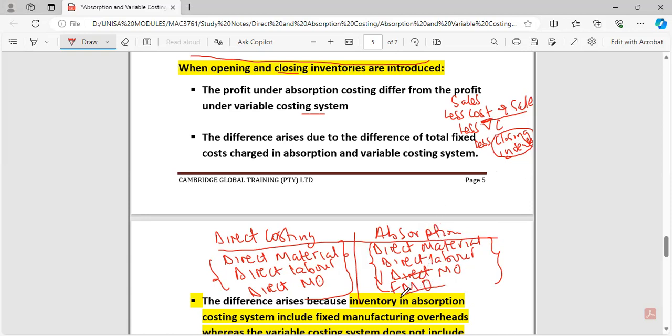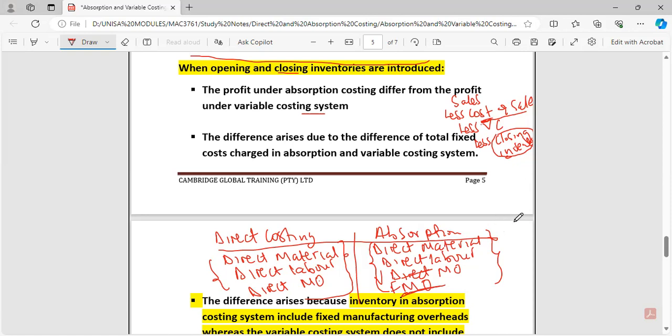Because of this line, these fixed manufacturing overheads are going to make the profit different under absorption and variable costing. It's very important to understand this part, because at some point you will be required to do profit reconciliation. I think we did that at this level. They don't require us to do that in the exam.